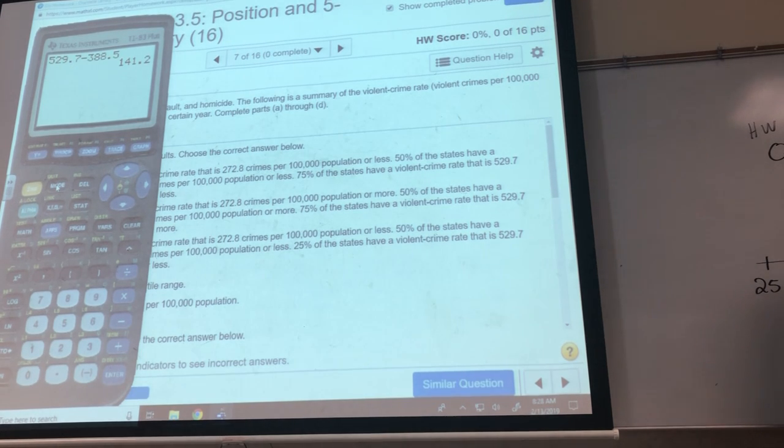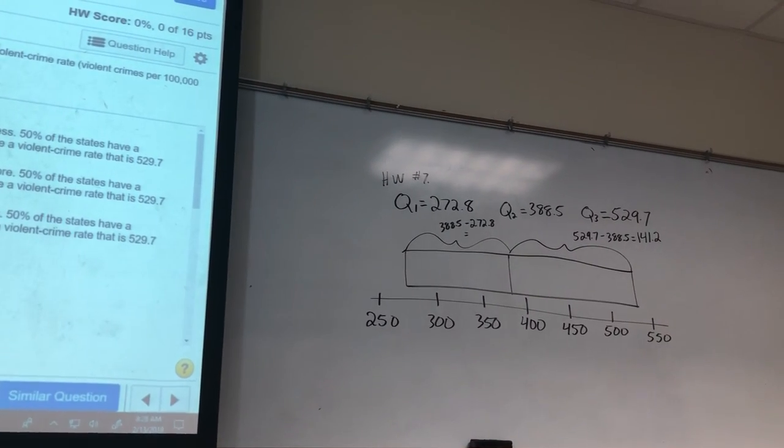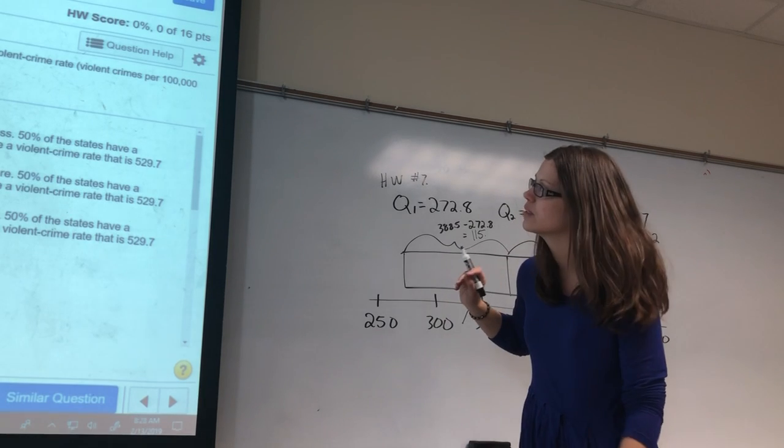If I look at the distance here, between these two numbers, it's 388.5 minus 272.8. So if I try to do that, I get 115.7.